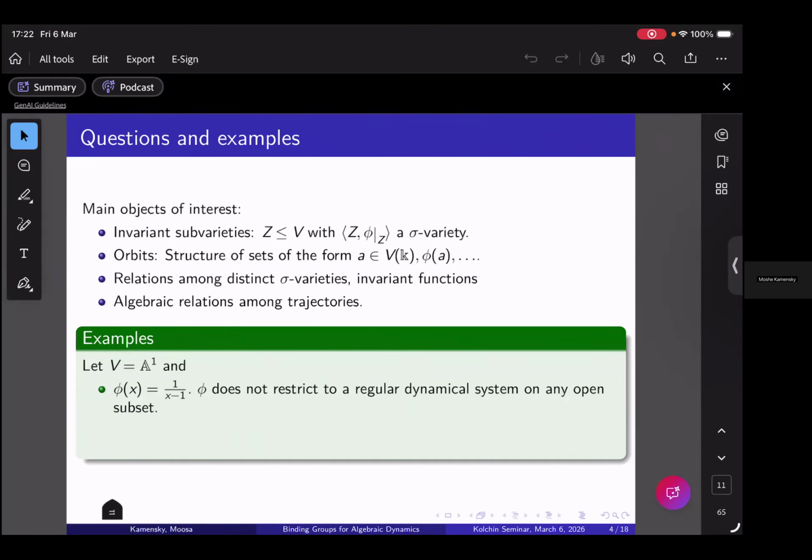Okay, so this is just two examples. This is not an example of something very special. It's just to show that if you talk about rational issues in usual algebraic geometry, it just means that you usually can just pass to some open subset, and then you get something regular. And in this situation, it's not the case.